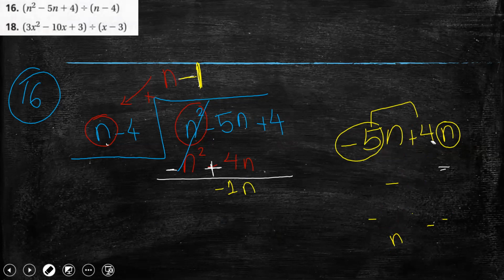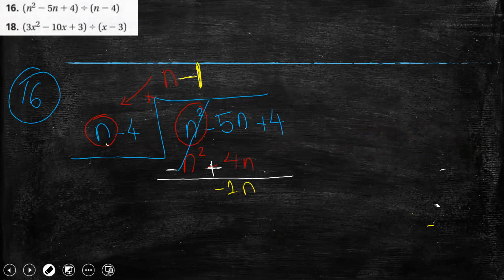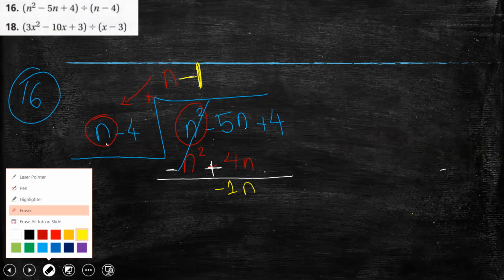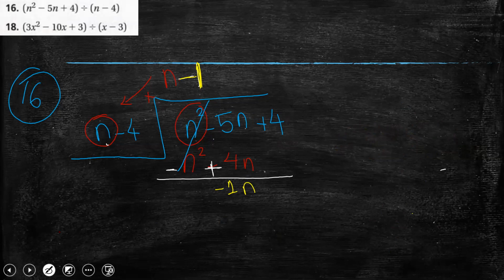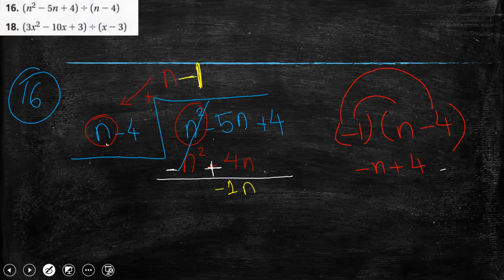Yes, exactly. You divide it by n. You have to continue, like the numbers, we divide two numbers. Then after that, you have to multiply -1, the number that you get now, by n plus 4, n minus 4, sorry. -1 times n is -n, and -1 times -4 is +4.